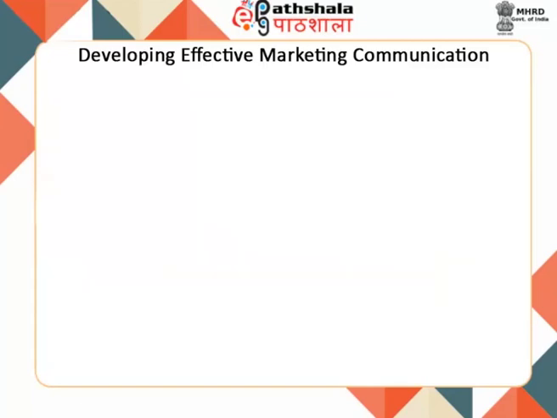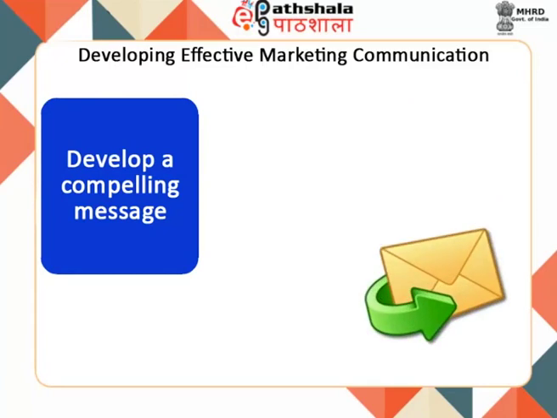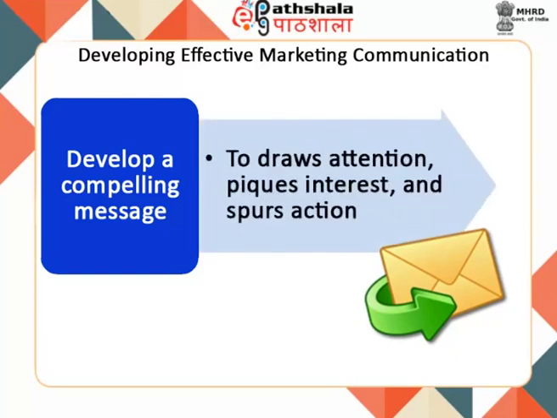The next step is developing a compelling message. Once marketers have identified their target and objectives, they must then design a provocative message that draws attention, piques interest, and spurs action. An effective message will include what a company will say, how it will say it, how it will be formatted, and who will deliver it.